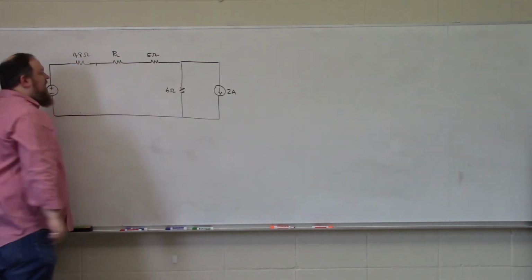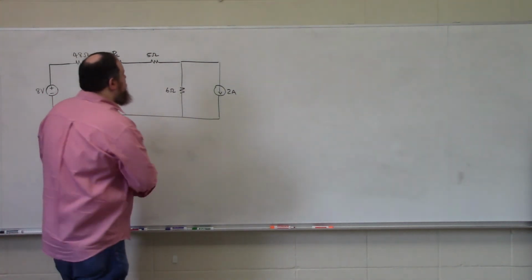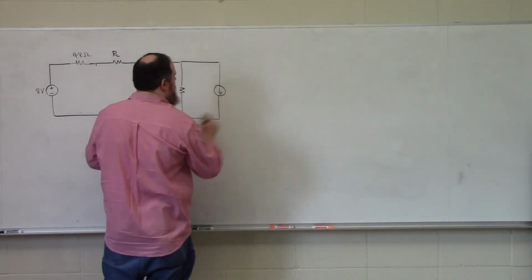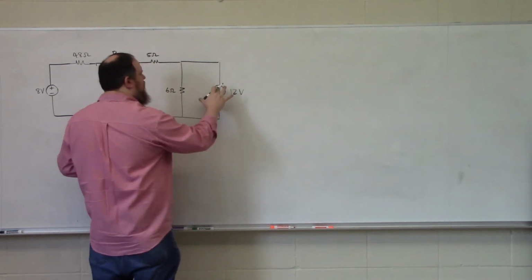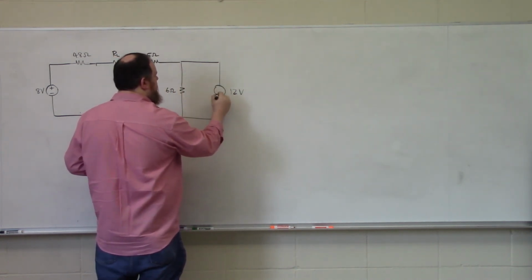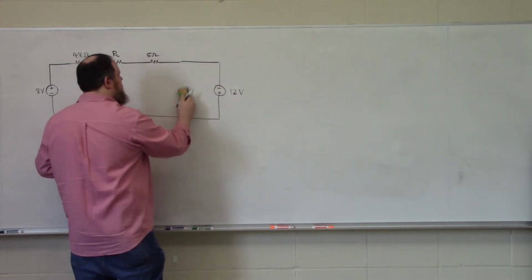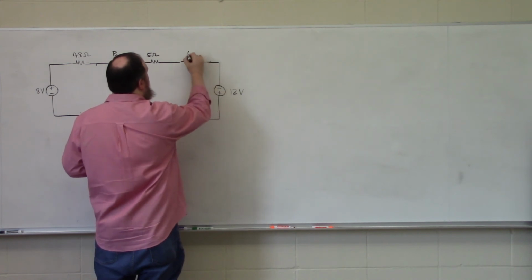Over here on the right-hand side, I have a 6 ohm resistor in parallel with a 2 amp source. So that's going to look like 6 times 2 is 12. So 12 volts. The arrow is pointed down. So positive polarity terminal on bottom puts my 6 ohm resistor here.